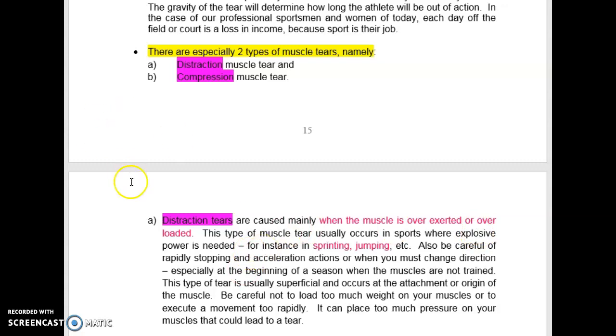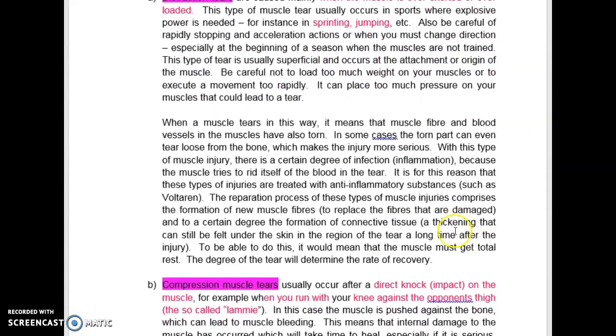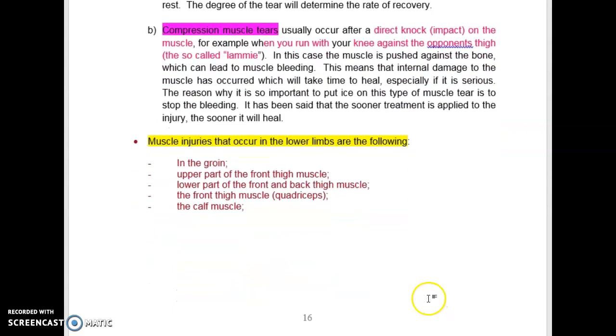Let's think about it this way: if there's a truck and the driver of the truck is distracted, and then they overload the truck accidentally because he didn't see what was happening. So distraction is when a muscle is overexerted or overloaded, for instance, sprinting or jumping or something like that. And compression, you remember, is a direct knock on the muscle. This is when you run into somebody or an opponent's thigh.